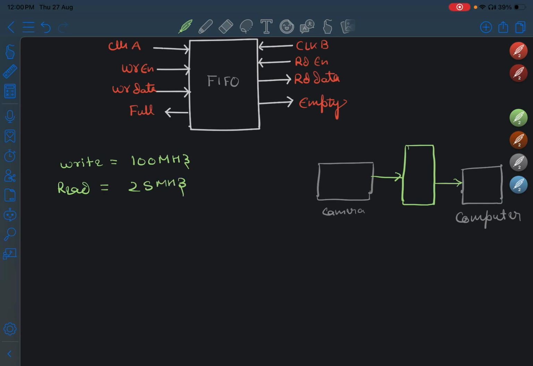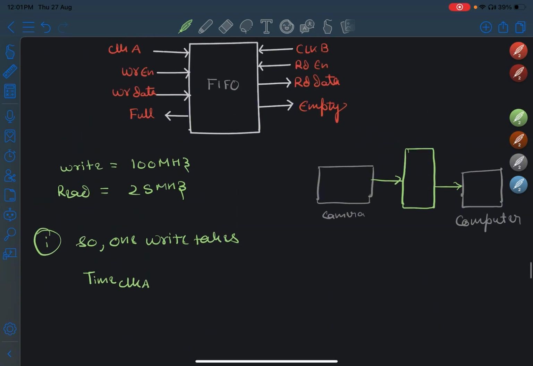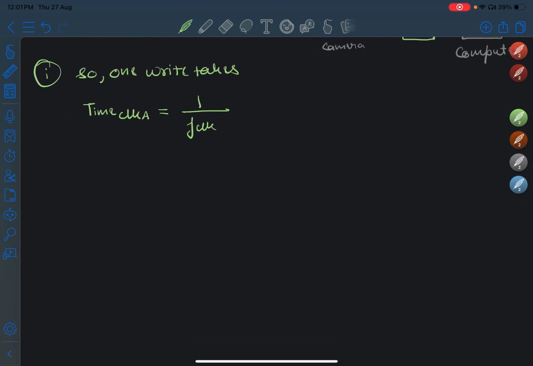So how much time does one write take? T of CLK A, the write clock, is equal to 1 upon F of CLK A, which is 1 upon 100 megahertz.